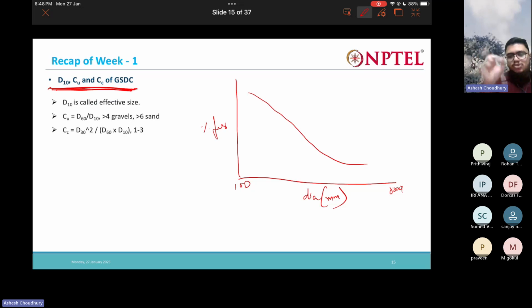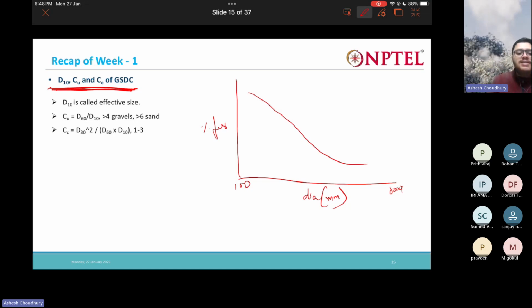That is meant by well graded. Gap graded means some sizes of soil particles are not present. That is known as gap graded. And finally, poorly graded means only one size of soil particles, or one or two sizes of soil particles, are there in the soil mass. This is the poorly graded soil.